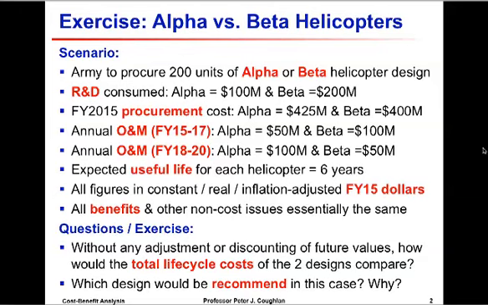For now, we're assuming that all figures are in constant, real, inflation-adjusted FY15 dollars. We'll talk about exactly what that means, because that's the point of this lecture. By assuming constant dollars, we are at first going to ignore all of the time considerations.